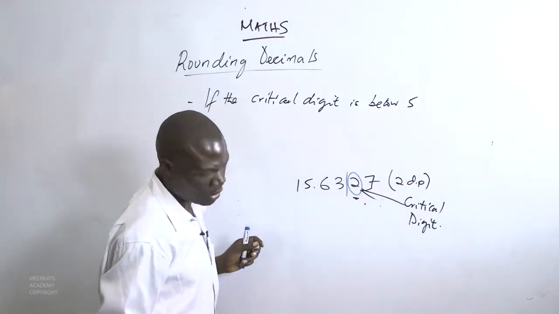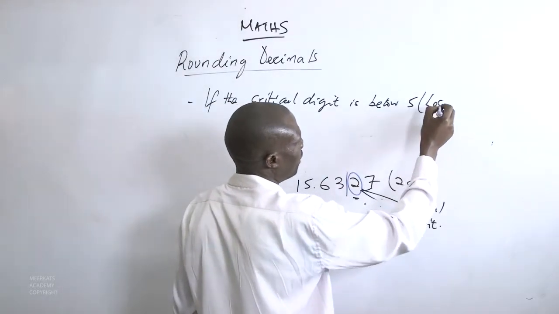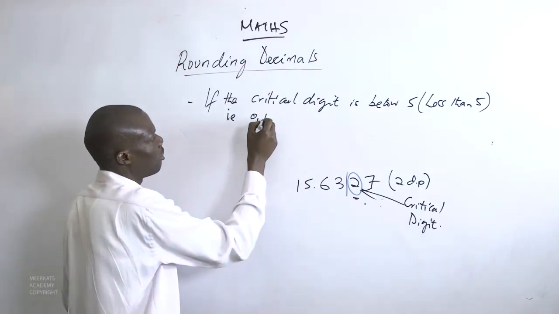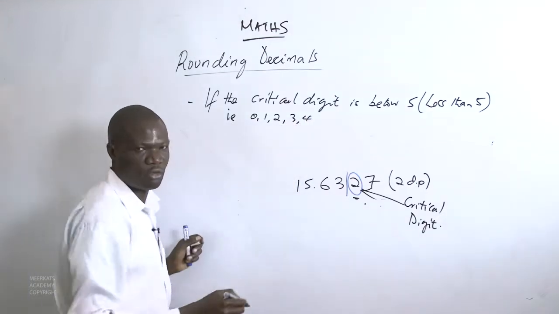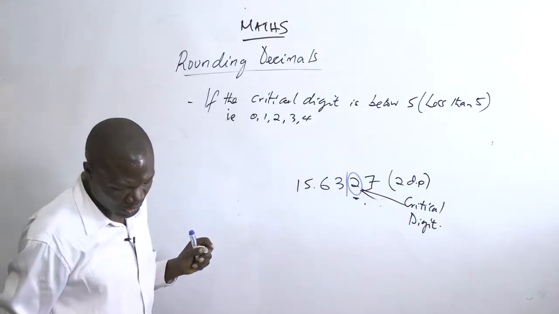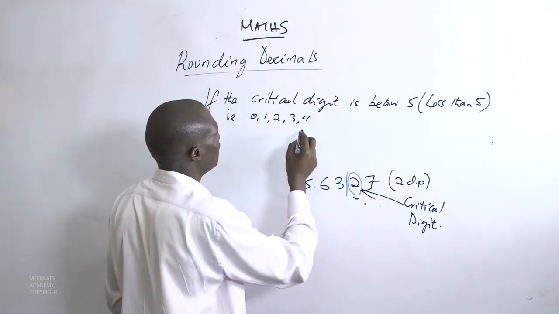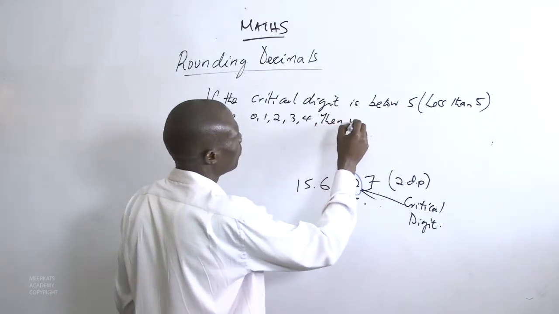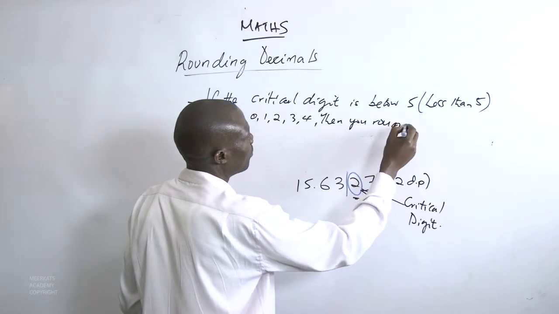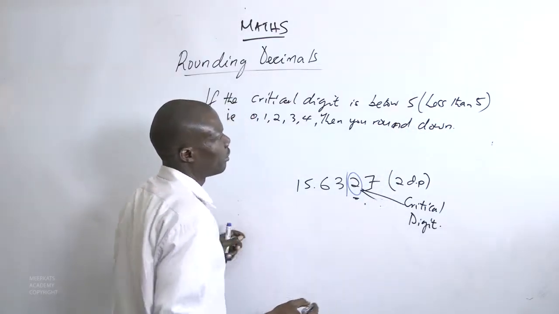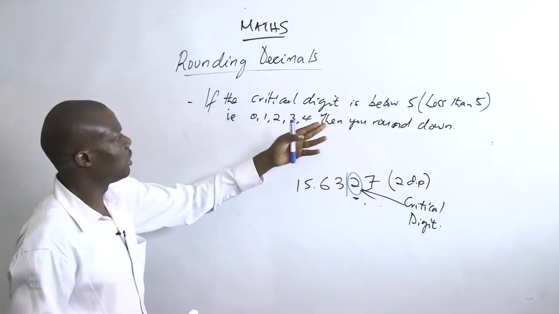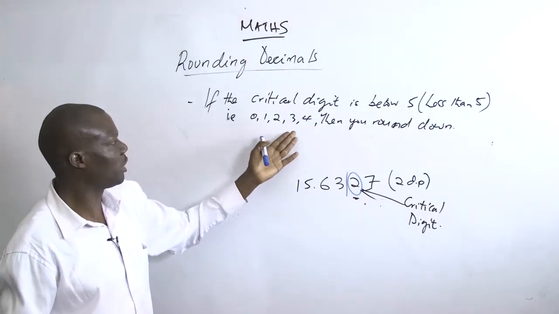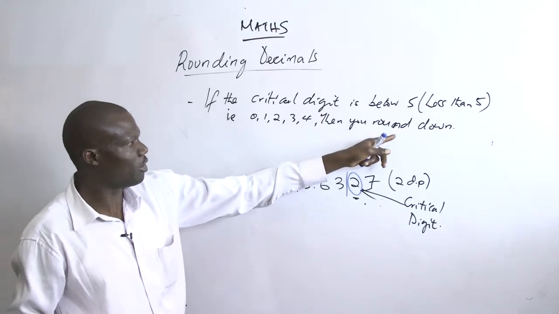If the critical digit is below 5, or just say less than 5, that is to say if it is 0, 1, 2, 3, and 4, then we shall round down.